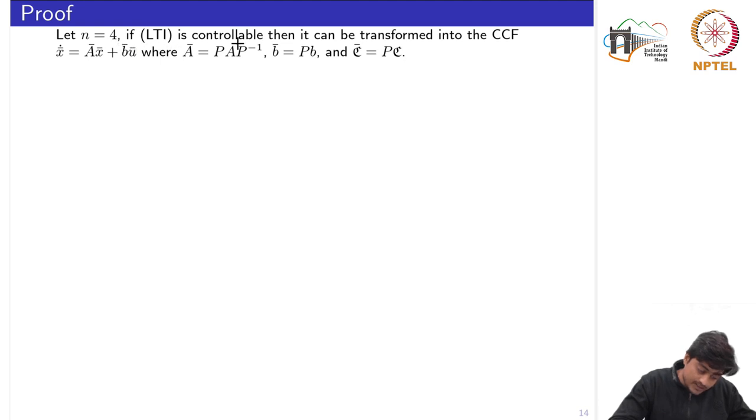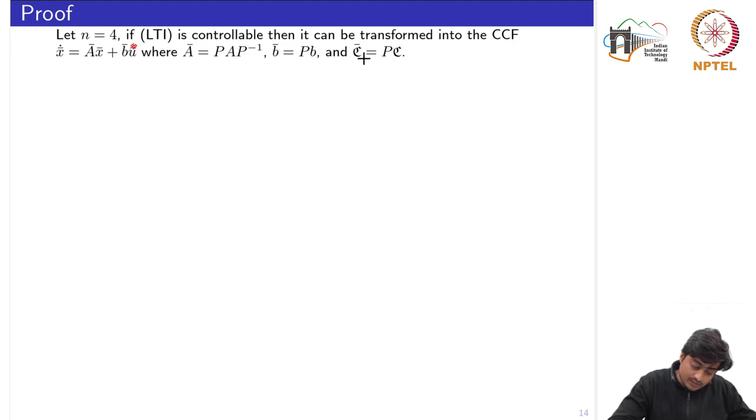If the plant is controllable, then it can be transformed into the controllable canonical form by using the previous results, having the state x bar, and the input u would remain the same. Okay, and A bar, we have seen many times, can be computed as PAP inverse, where P is the transformation matrix, and B bar can be computed as PB.